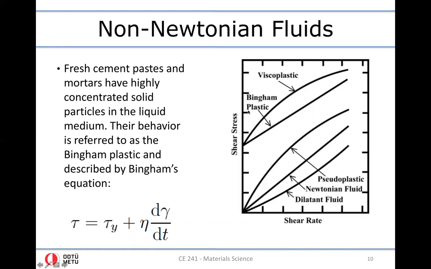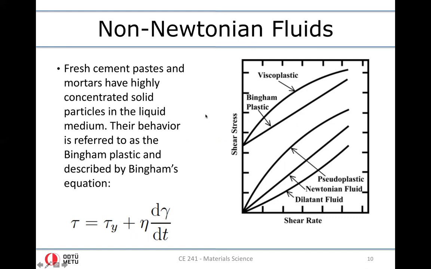So Bingham plastic is the kind of material where this behavior is typically observed, in cement paste or mortars, where the viscous flow is inactive up to some stress value, which we can consider as the yield stress threshold. But once the stress has reached this value, then the flow starts and behaves like a Newtonian fluid. So this material is referred to as Bingham plastic, okay, and the behavior is described by Bingham's equation that is given here.